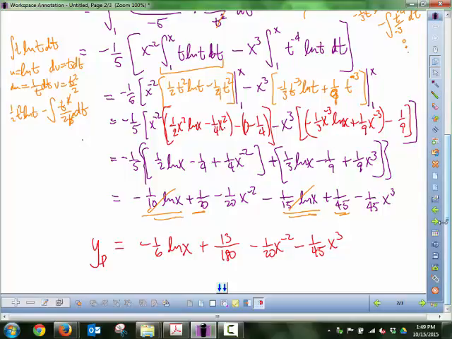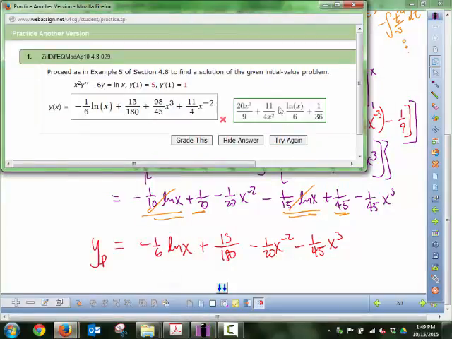So yeah, 1 over 36 is that last number, the constant number. We had 13 over 180. So we had 15 here.